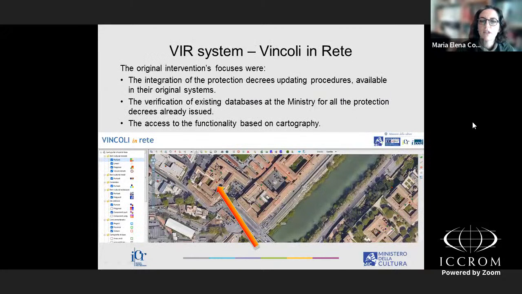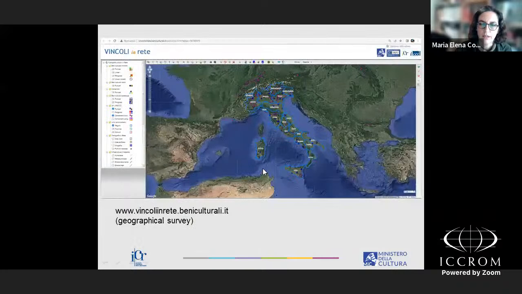The original intervention focuses were the integration of the protection decrees updating procedures available in the original system, the verification of existing databases at the ministry for all the protection decrees already issued, and the access to the functionality based on cartography.